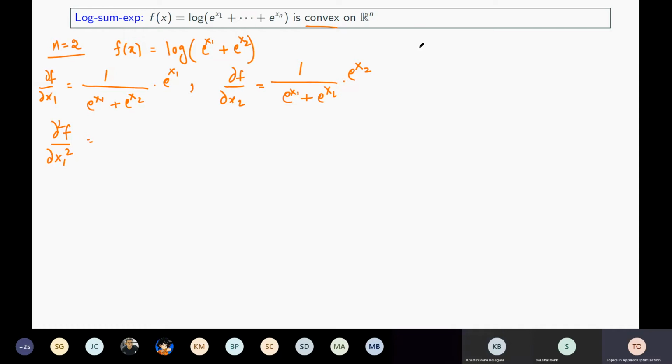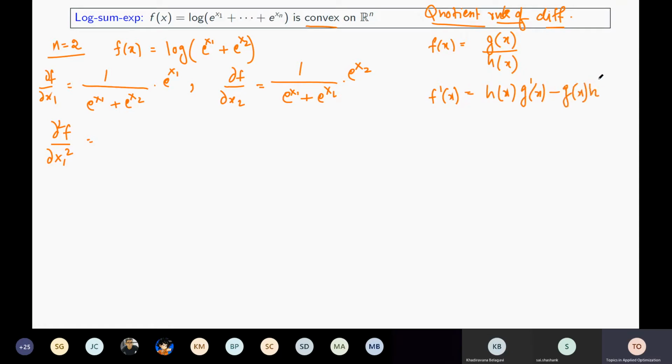Recall that if f(x) is of the form g(x) by h(x), then the derivative is denominator into derivative of numerator minus numerator into derivative of the denominator, divided by denominator squared.